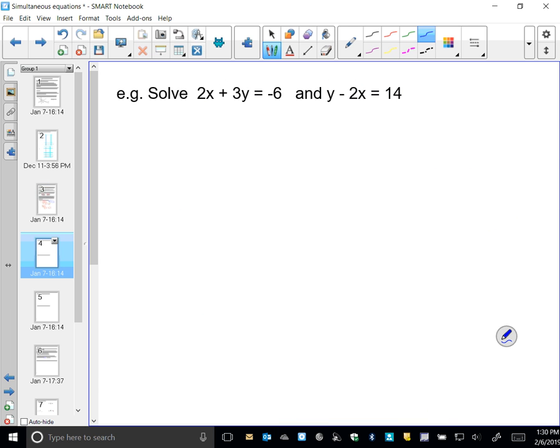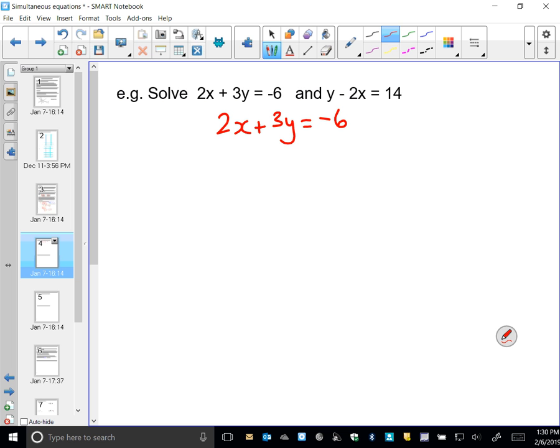Right. Next one. So solve 2x plus 3y equals -6 and y minus 2x equals 14. So again, normally we would write them one above each other, and Lara, this should answer your question.